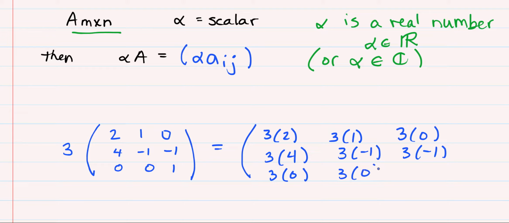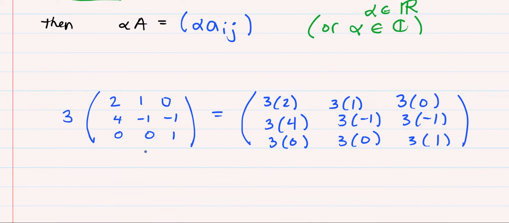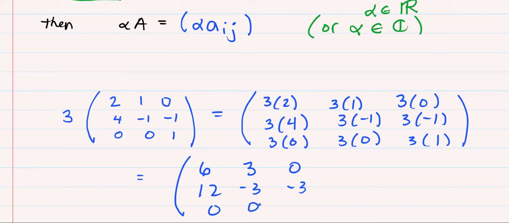I just want to make sure you see what I'm doing. Okay, so just like it says here, every single entry gets multiplied by this number 3. So we're left with 6, 3, 0, 12, negative 3, negative 3, 0, 0, 3.